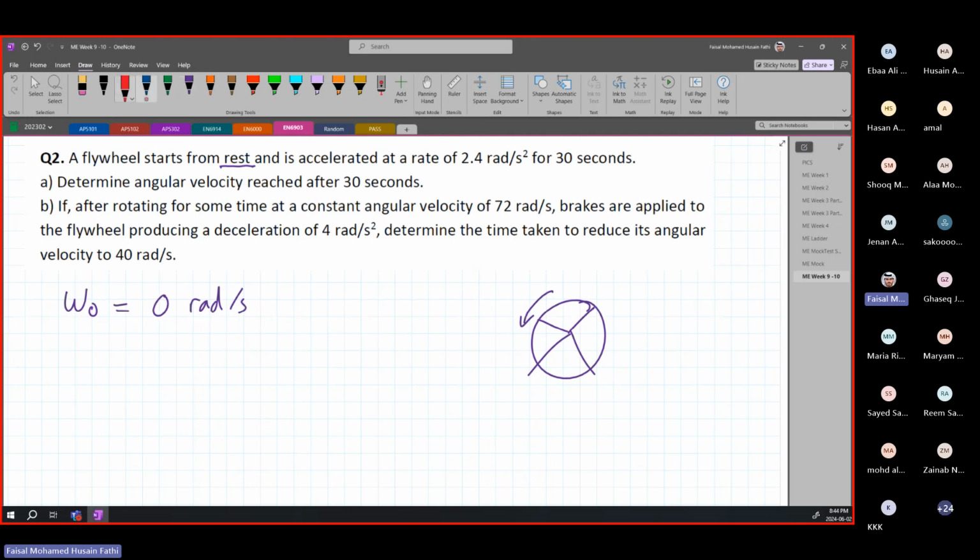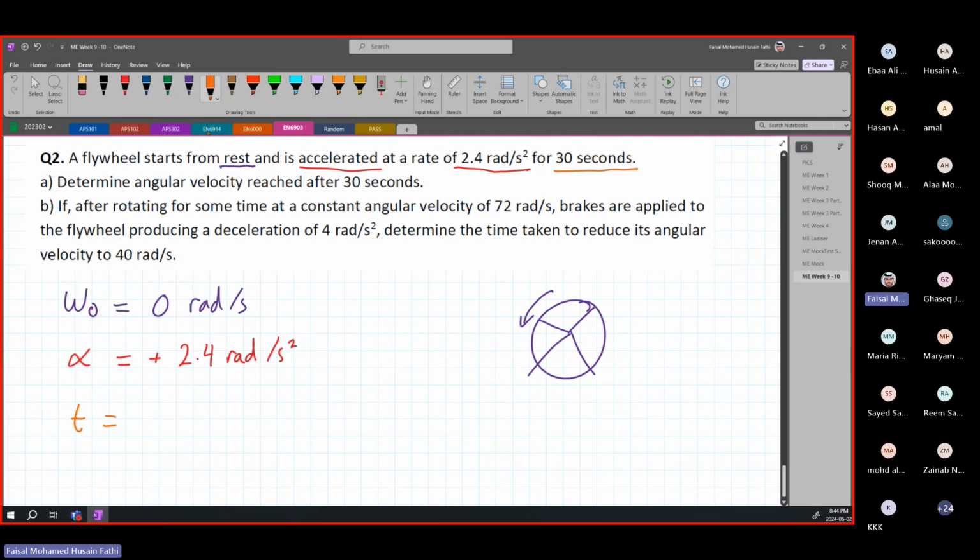And it is accelerated at a rate of 2.4 radians per second. So see here, they're saying accelerated at this rate. So our alpha is equal to positive, because it's an acceleration, not a deceleration, of 2.4 radians per second squared. For how long? For 30 seconds.